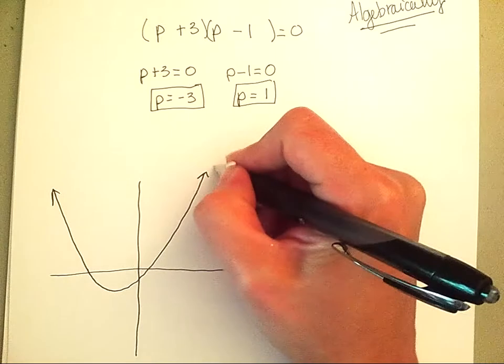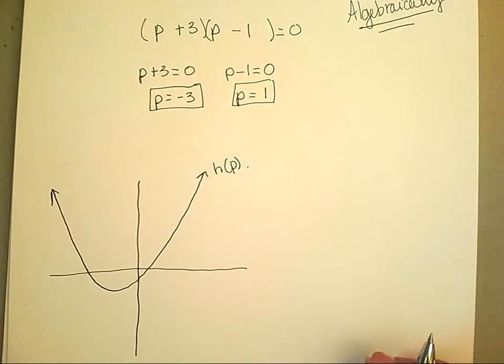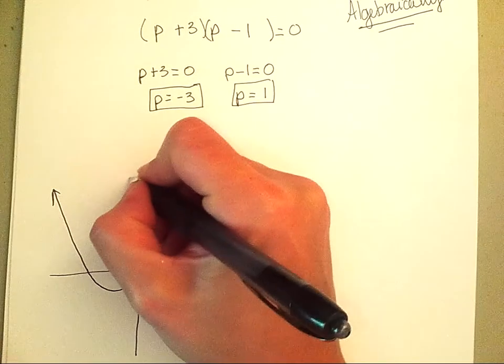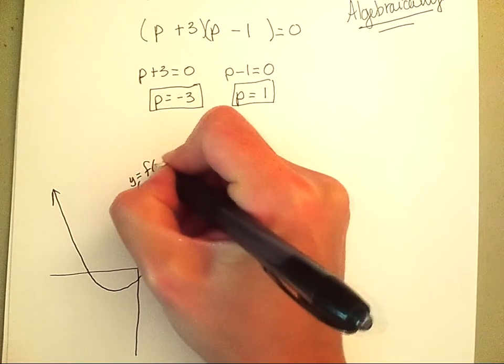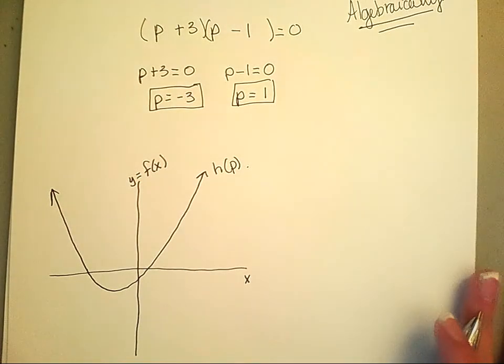This would be some function. Okay, let's say this is h of p. Now these represent the x, and these represent the y's. Remember, the y's are also the function values of x. Okay, y and f of x play the same role.